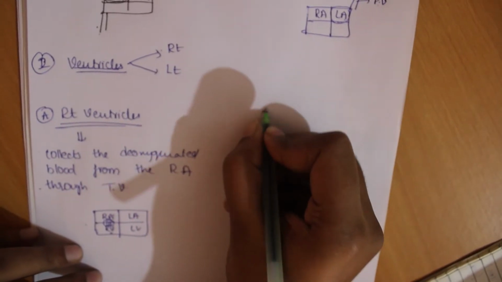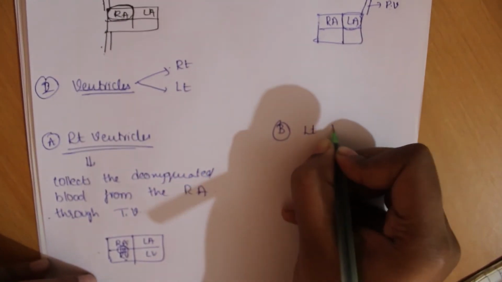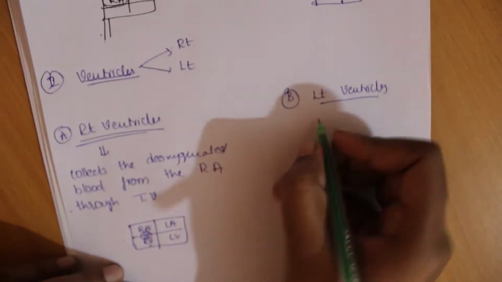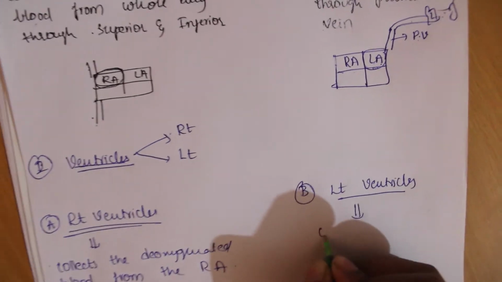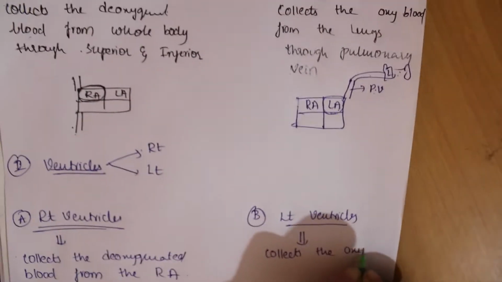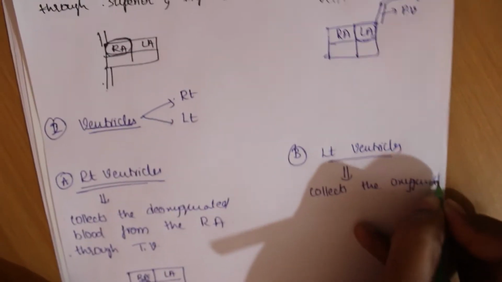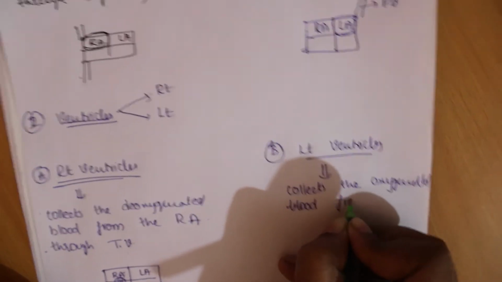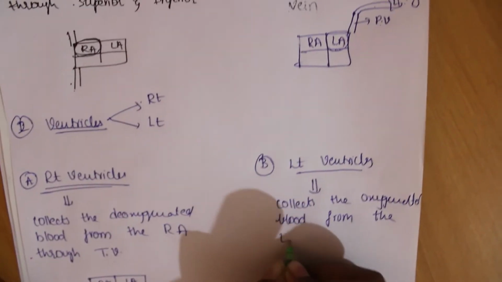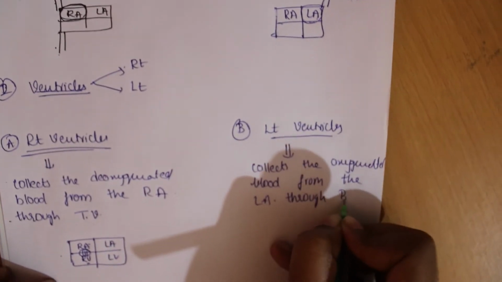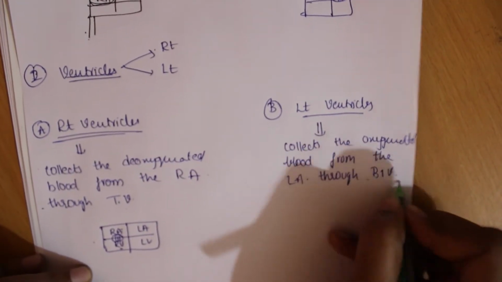Now move on to another topic, that is the left ventricle. It collects the oxygenated blood from the left auricle through the bicuspid valve.